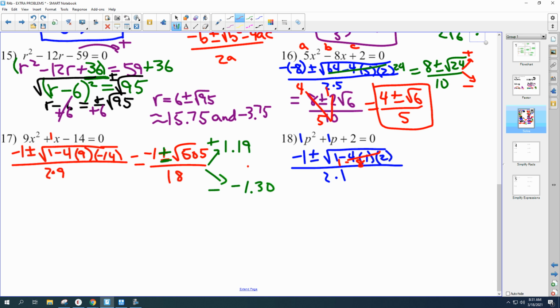So this is going to turn into negative 1 plus or minus square root of negative 7, all over 2. Okay, well, there's not much we can do with that, but we do know the square root of a negative is i. So this one's going to be imaginary. Let's just call that negative 1 plus or minus square root of 7 with an i on it, over 2.